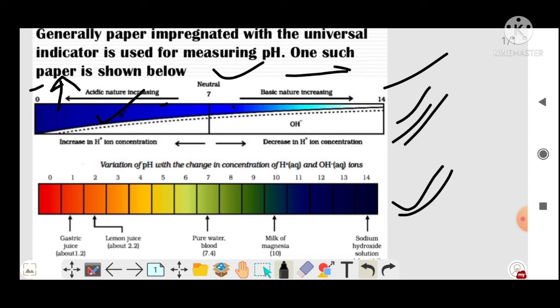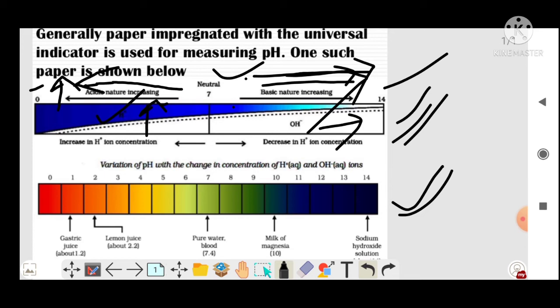Greater than 7 means an increase in OH- concentration, so the basic nature is increasing on this side, and on the other side the acidic nature is increasing because of the increase in H+ concentration. From 7 to 14, the basic nature increases because of increasing OH- concentration. This is the concept and this is the paper.